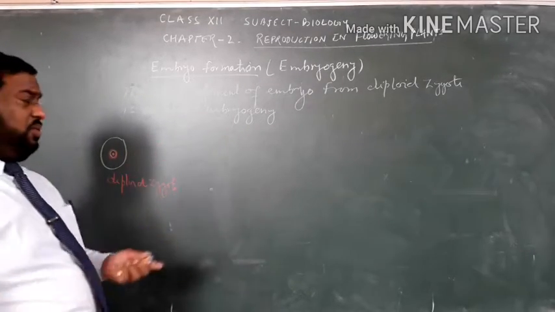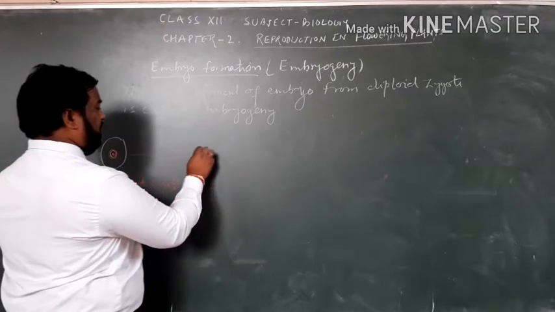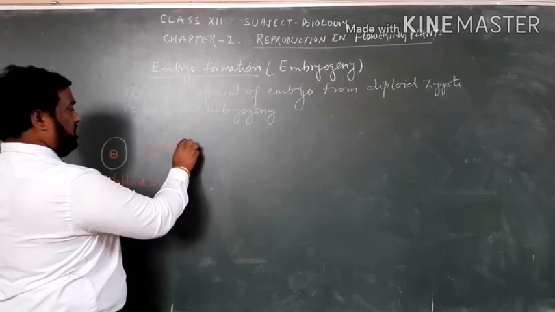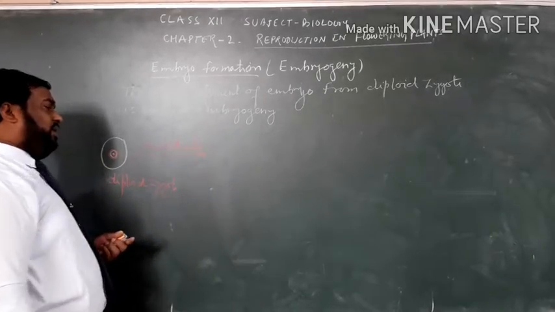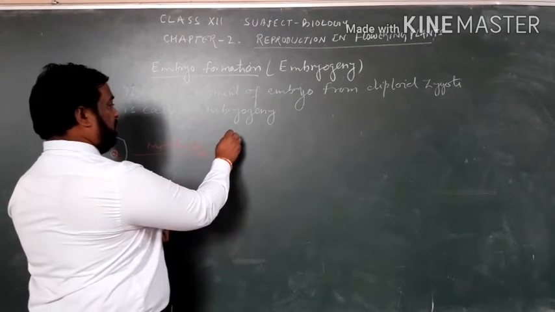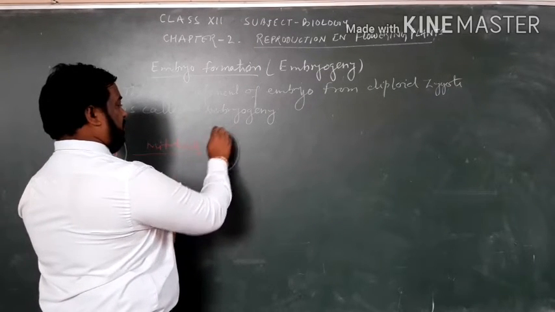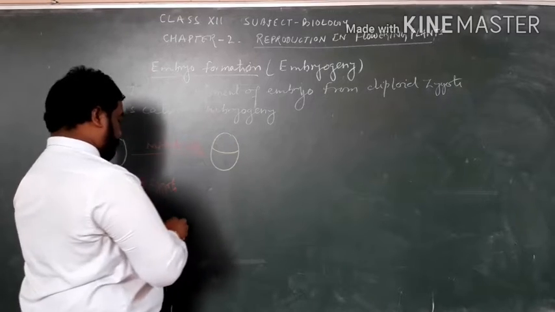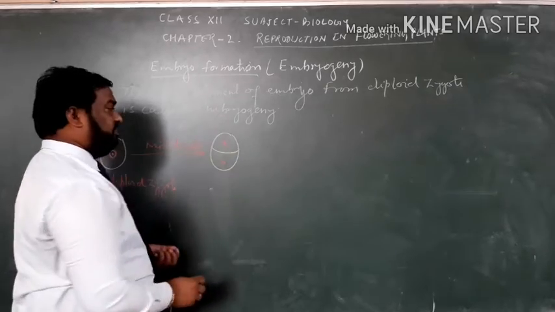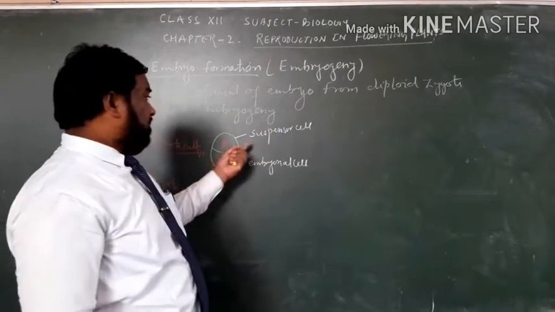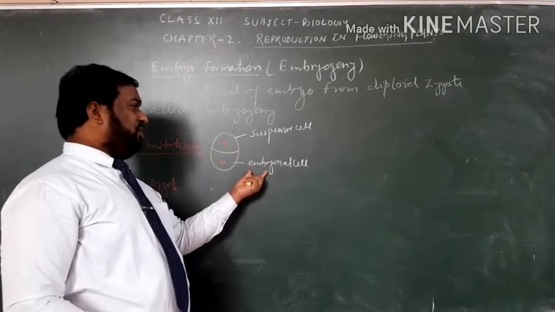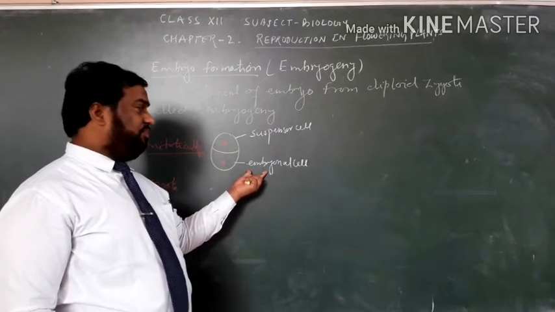Now this zygote divides mitotically. So it forms two cells, upper and lower. Upper cell is the suspensor cell and lower cell is the embryonal cell.